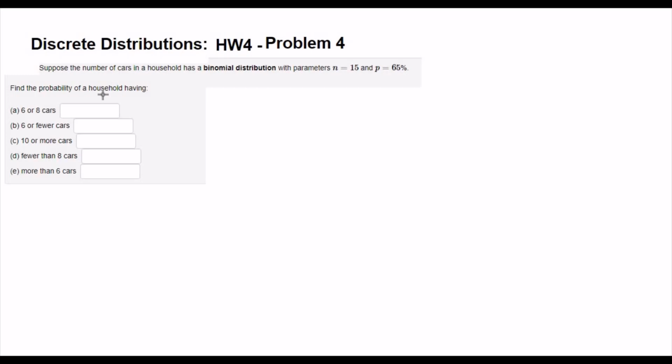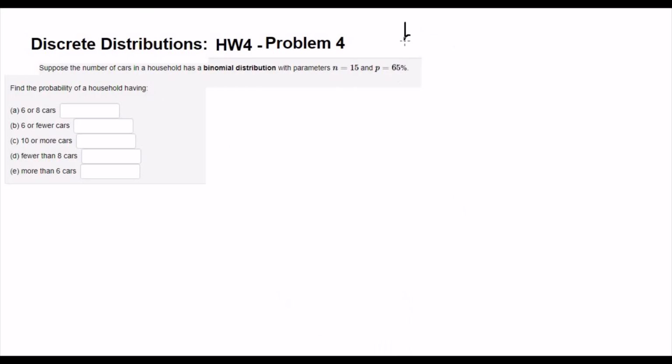Problem number 4. Suppose the number of cars in a household has a binomial distribution with parameters n equal to 15 and p equal to 65%. Find the probability of a household having 6 or 8 cars. So this is a binomial distribution.